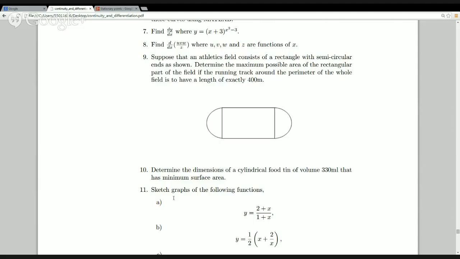So that tells you that h is that given expression in terms of r. So this will allow us to eliminate the h from the surface area formula and just replace it with stuff depending on r. So now the surface area S becomes a function of one variable.